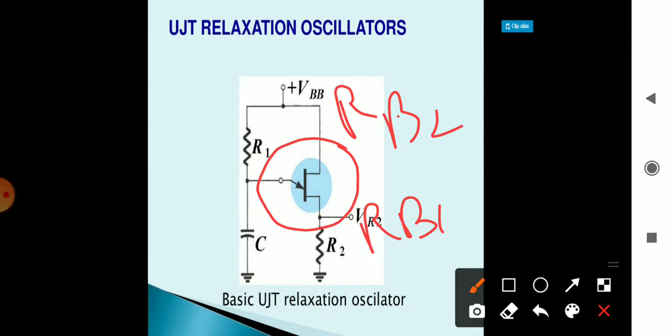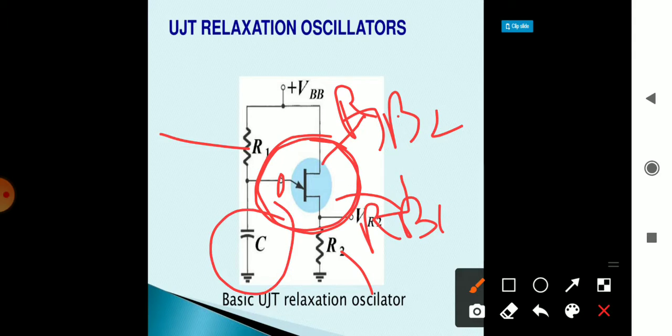The basic circuit I am telling you, if this symbol is given over here, that is a UJT symbol, which consists of one diode as well as resistances RB1 and RB2. That is nothing but the symbol of the UJT. So these resistors are present. Along with that, we are adding two more resistors, R1 and R2, with R2 added at terminal B1, and a capacitor is also added.